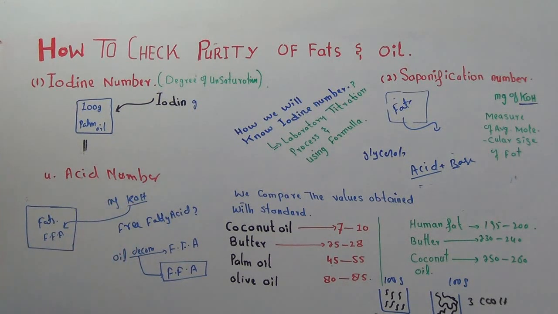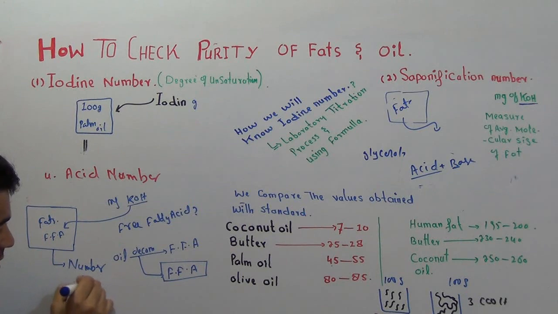Because the potassium hydroxide is utilized, you will get some number, and that number will be used to judge the fatty acid.